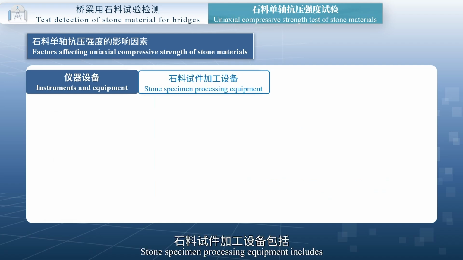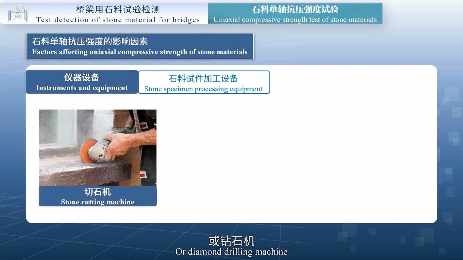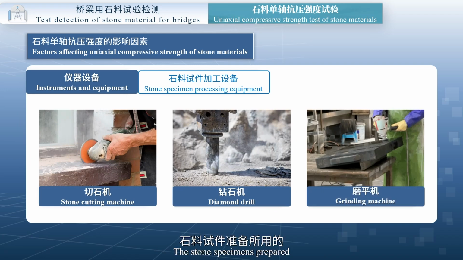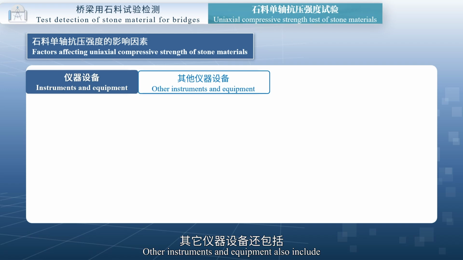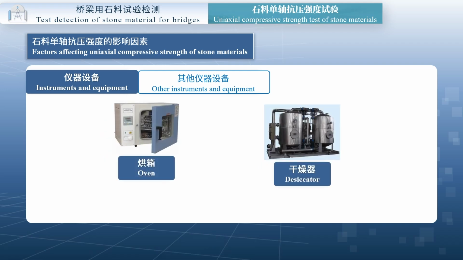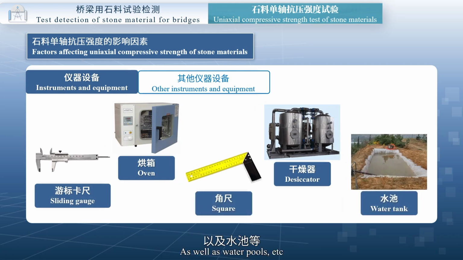Stone specimen processing equipment includes a stone cutting machine or diamond drilling machine and grinding machine to prepare the stone specimens. Other instruments and equipment also include an oven, desiccator, sliding gauge, square, as well as water pools, etc.